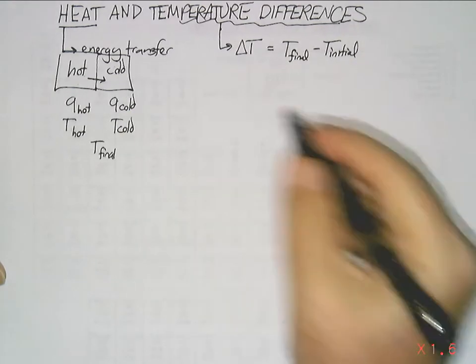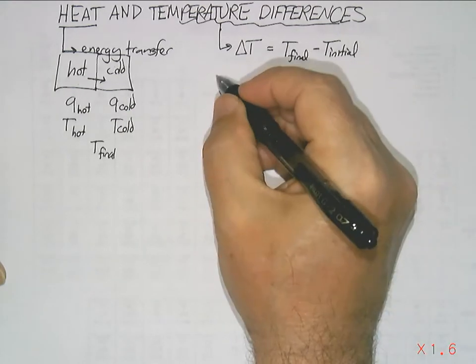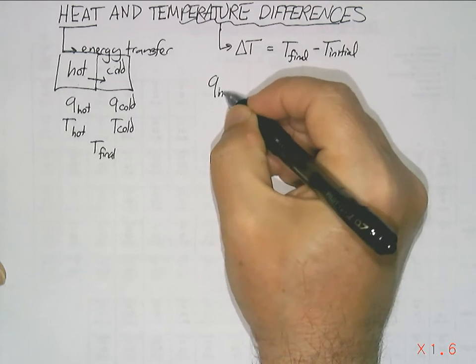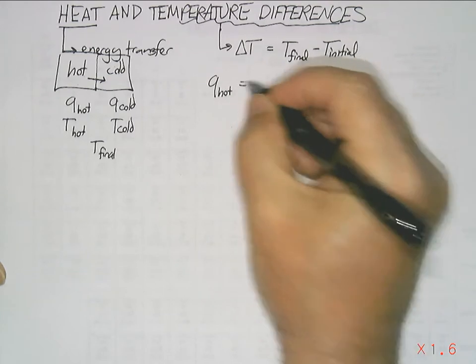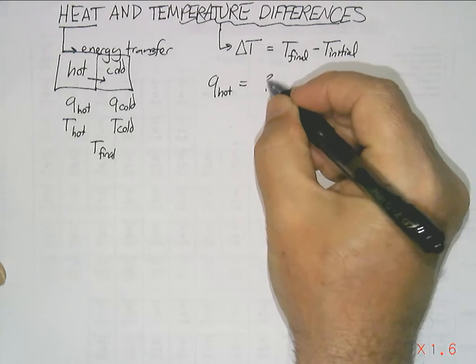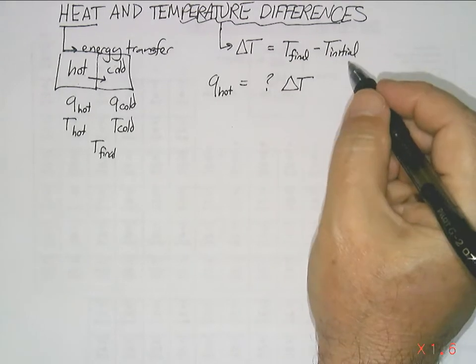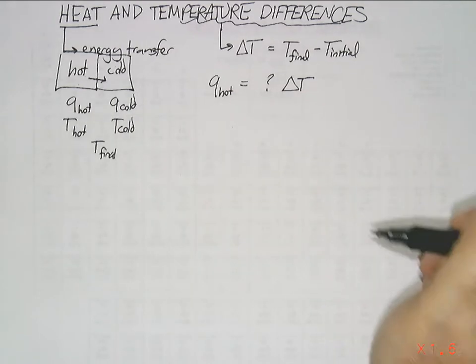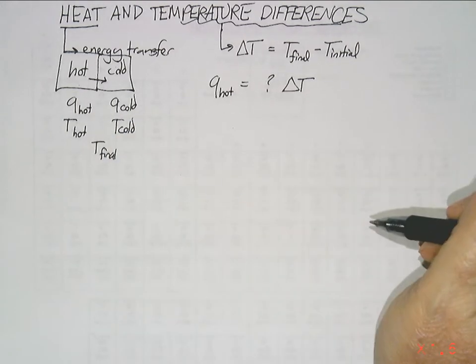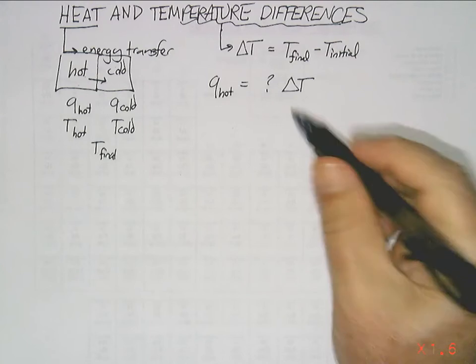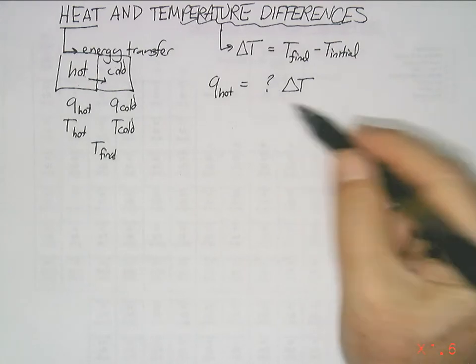So in my picture right here, if I want to look at what Q hot is, I want to relate that somehow to the temperature change. And the T initial here will be what the T hot was originally. Now, what does this equation look like?